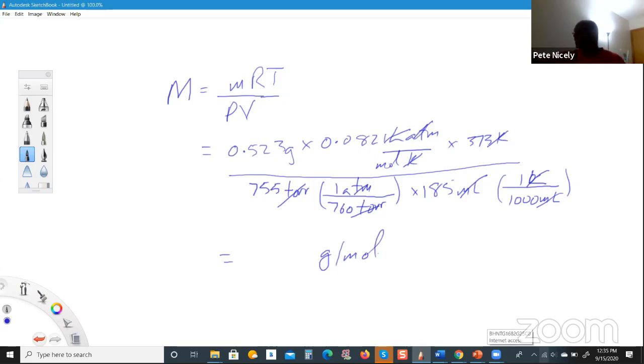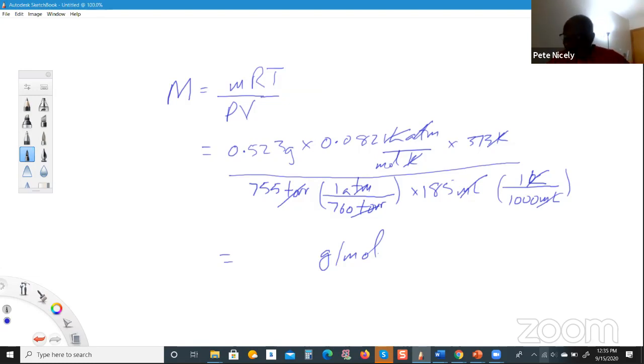So where's my calculator? We have to do some number crunching here. 0.523 times 0.0821 times 373 divided by 755 times 760 divided by 0.185. Oh shoot, I accidentally cleared it.